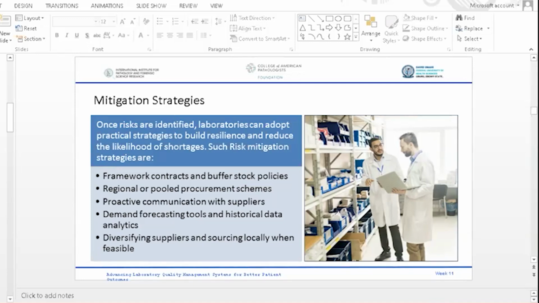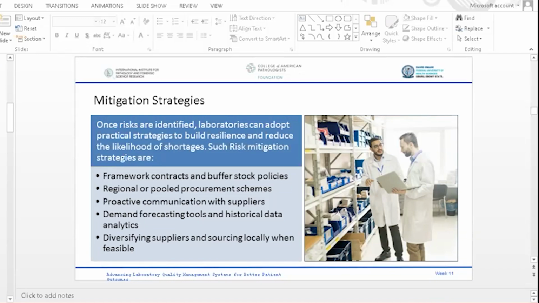Another one is demand forecasting tools and historical data analytics. This can be used to identify usage patterns, anticipate needs, and automate reorder levels, especially when integrated with a digital inventory system.